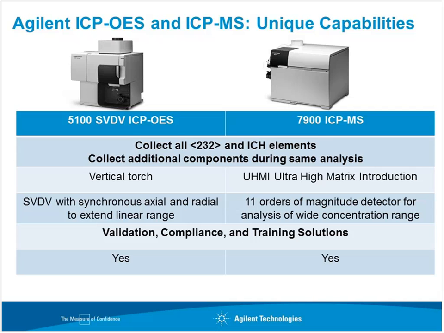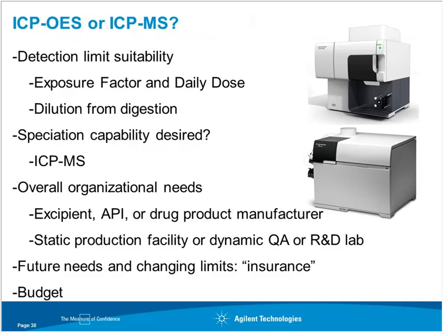They're only going to look at certain elements that they need to look at. Other customers are saying, hey, if we have one of these two tools, we can actually look at the complete USP list, the complete ICH list, and look at everything at the same time. And validation, compliance, and training solutions are available on both the ICP-OES as well as the ICP-MS system.